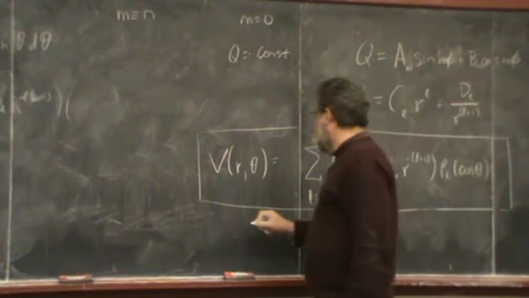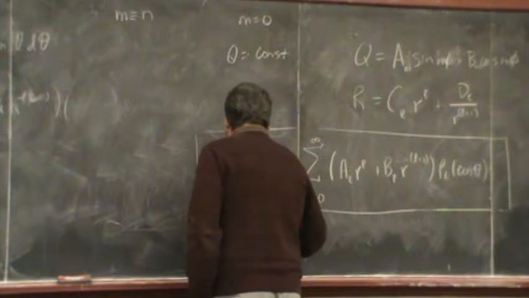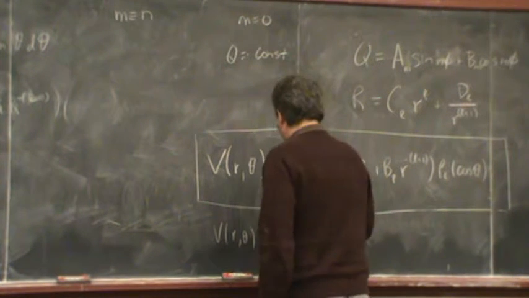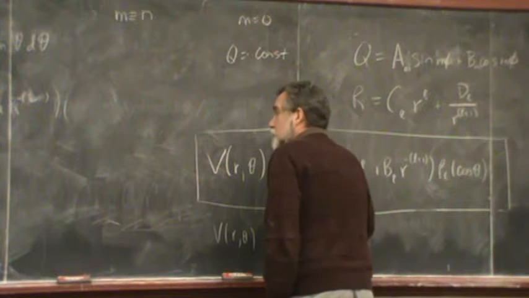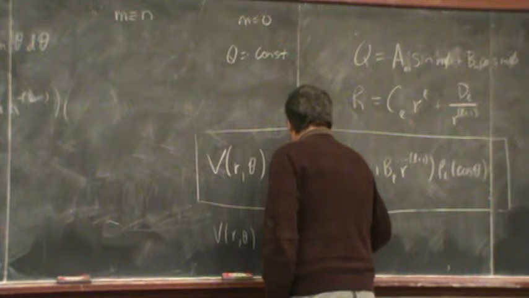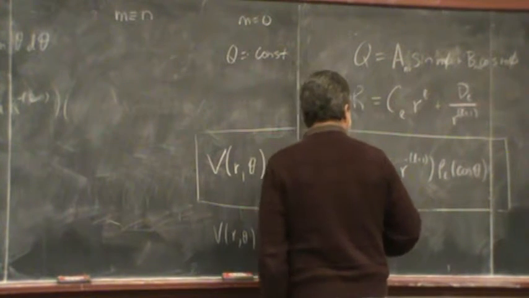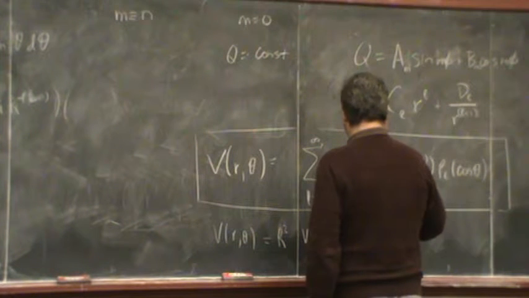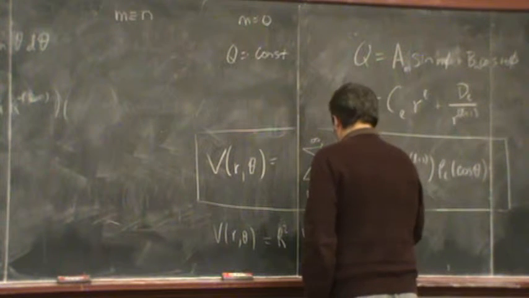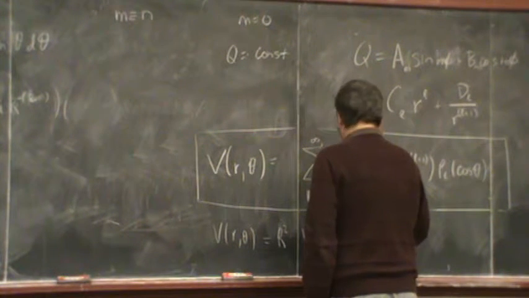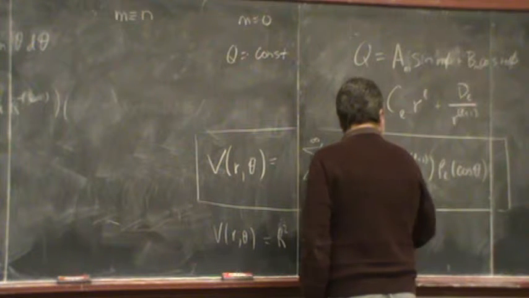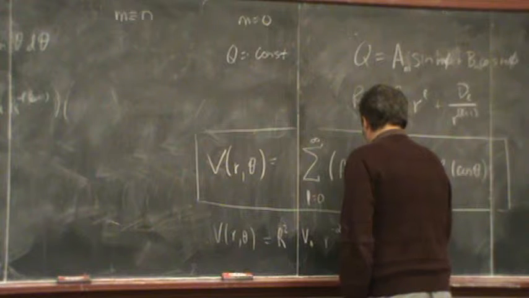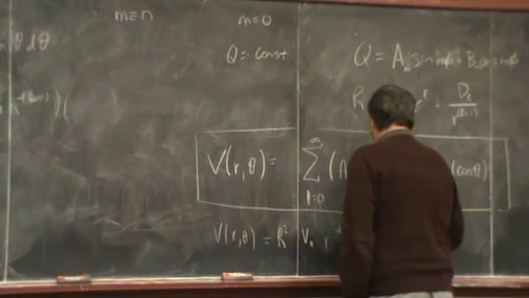Outside, V of R theta is equal to R squared V0 times R to the minus 2 cos theta.